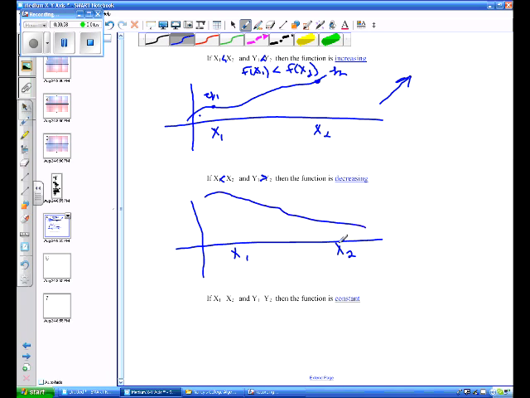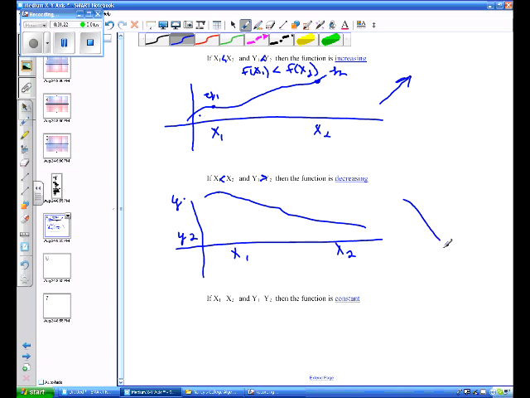As our x's are increasing, our y values are decreasing. This is the y sub 1 that goes with it, and down here's our y sub 2. So y sub 1 was greater than y sub 2, then our function is said to be decreasing.